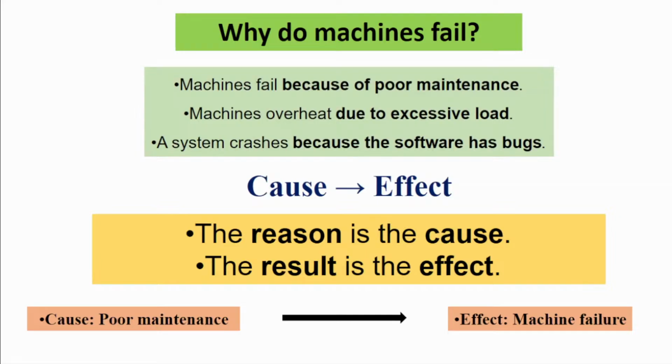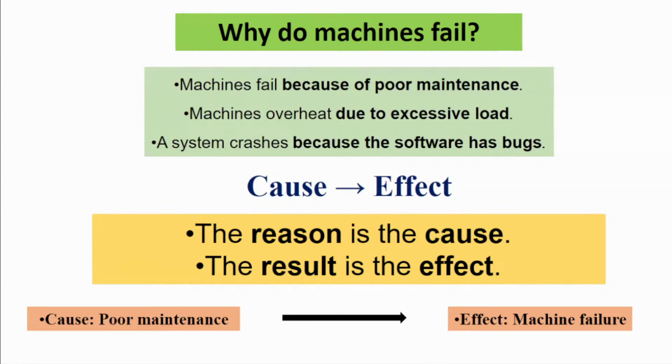Machines fail because of poor maintenance. So what is the cause then? The reason, poor maintenance, right? So what is the result? The effect is machine failure, right? So due to the cause, effect results, right? So what is the cause here?